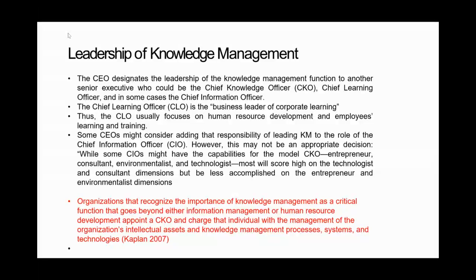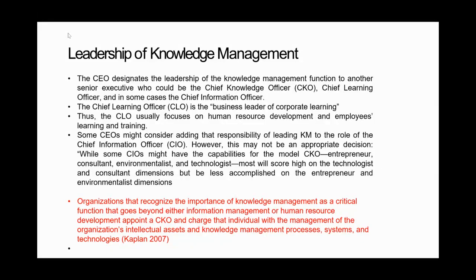Organizations that recognize the importance of knowledge management as a critical function that goes beyond either information management or human resource development appoint a chief knowledge officer, okay? And charge that individual with the management of the organization's intellectual assets and knowledge management processes, systems, and technologies.